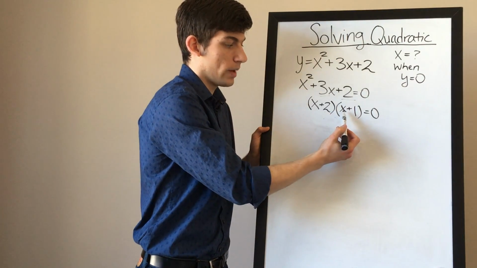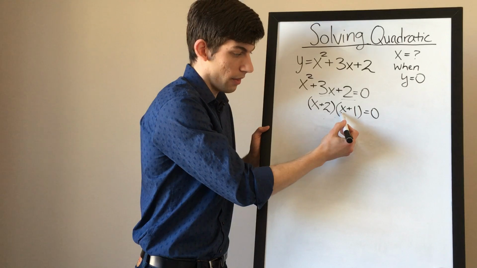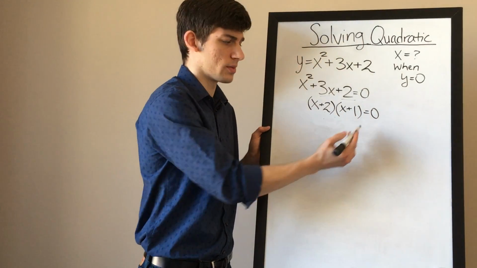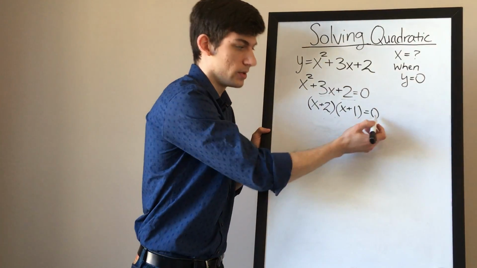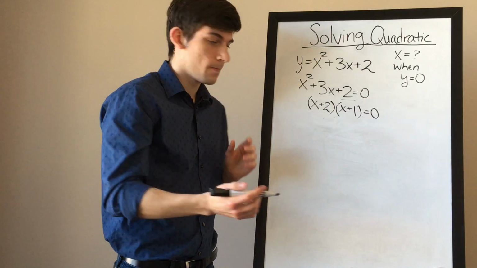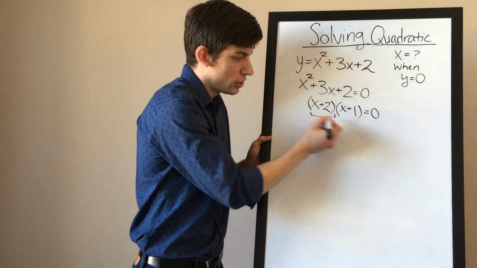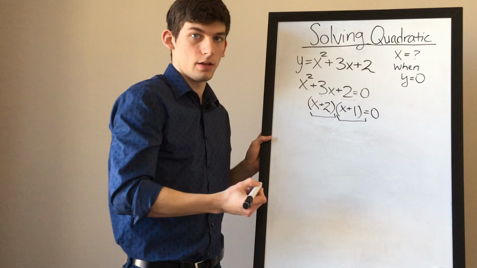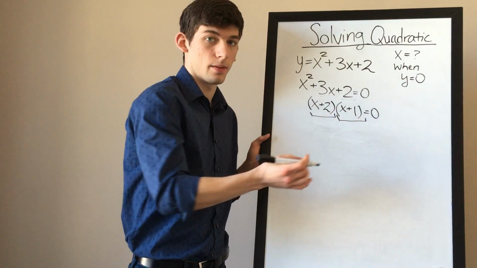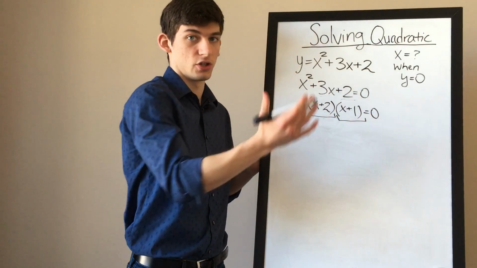Conversely, if we have some x value that makes this part equal to 0, doesn't matter what this part equals because it would be 0 times whatever's over there, so you'd still get 0. So how do you actually figure out what x values work? You set each individual factor equal to 0, right? For the reason that I just explained, because either one of them can be 0 and the equation is true.